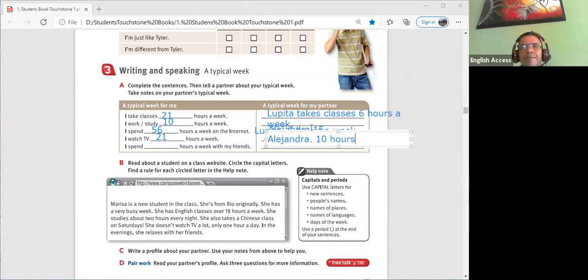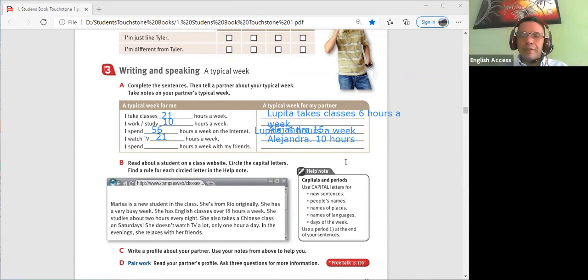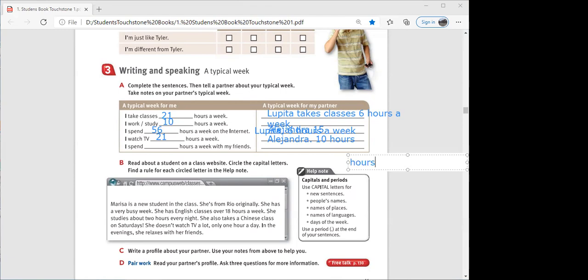Hours. Ok, ¿cómo dije que se decía? Hours. Es como este, hour, pero lleva H. Same pronunciation. Hour. Hours.